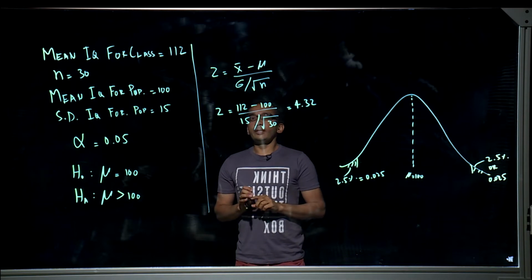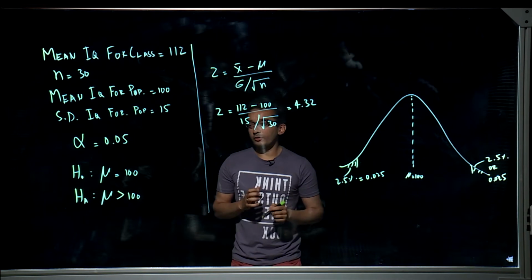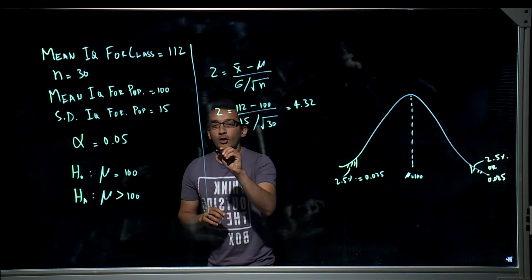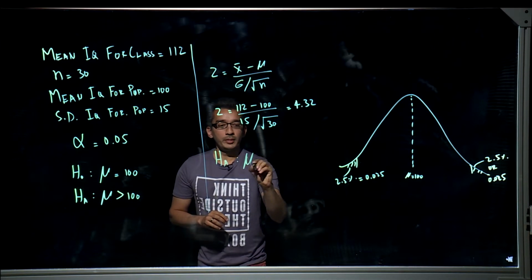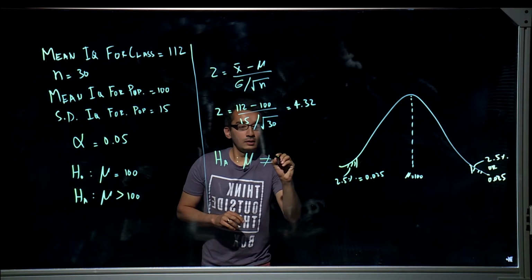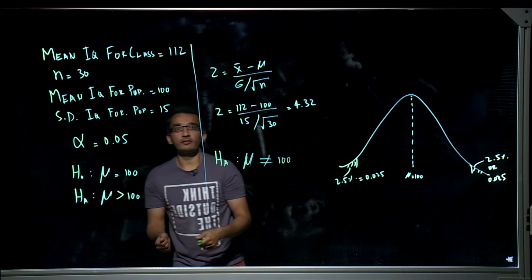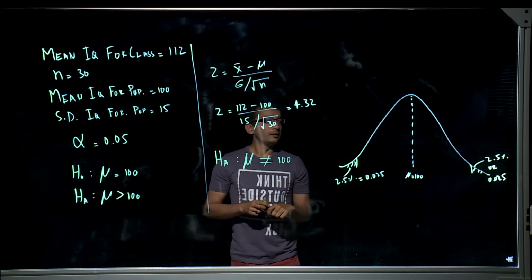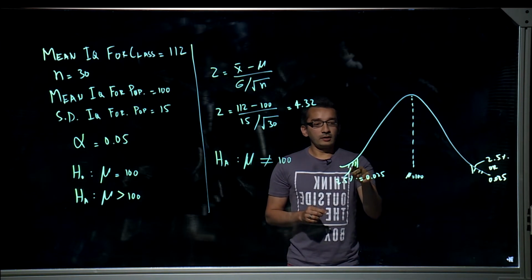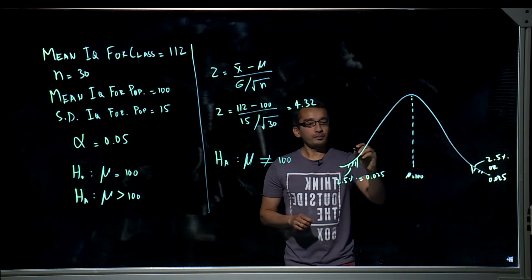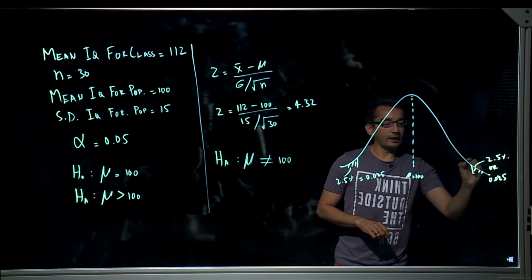Another thing which will be different for the case of two-tailed hypothesis testing is that our alternative hypothesis would change to mu is not equal to 100, rather than mu is greater than 100, like in the case of one-tailed hypothesis testing. So we need to figure out the critical z-scores for these boundaries for the 2.5% level of significance at both ends.